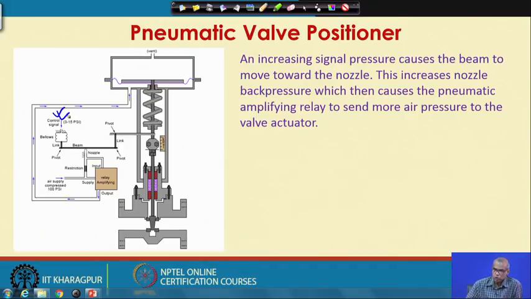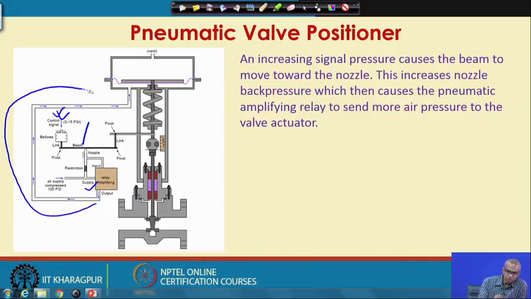This increases nozzle back pressure, which then causes the pneumatic amplifying relay to send more air pressure to the valve actuator.